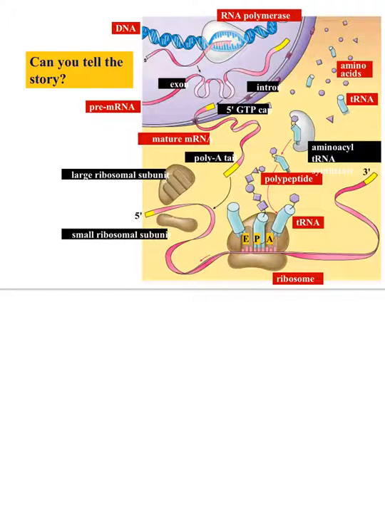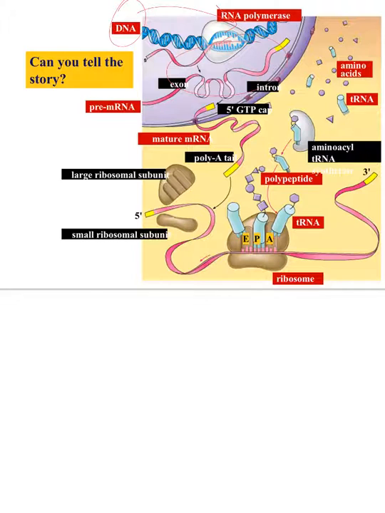So basically, this is a whole story, right? Starting with DNA, going through and making the RNA through RNA polymerase, going through and cutting out the introns, getting all the exons in after we had our pre-mRNA. So then we end up with a mature mRNA.